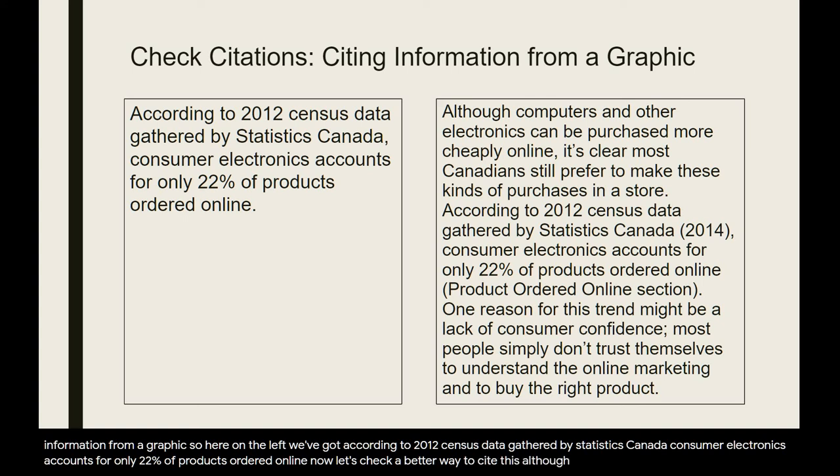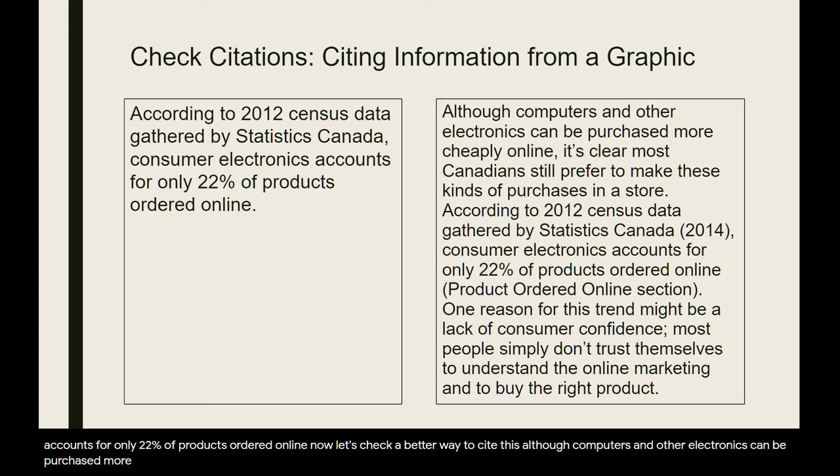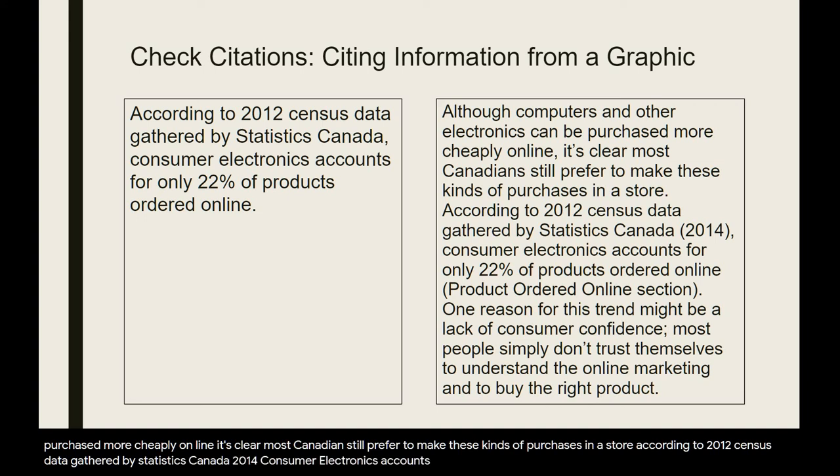Although computers and other electronics can be purchased more cheaply online, it's clear most Canadians still prefer to make these kinds of purchases in a store. According to 2012 census data gathered by Statistics Canada, 2014, consumer electronics accounts for only 22% of products ordered online. (Products Ordered Online section).